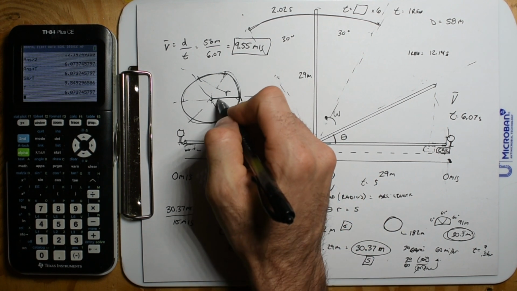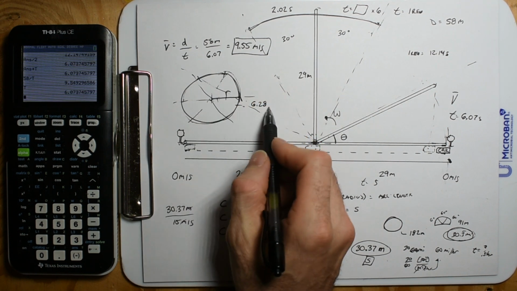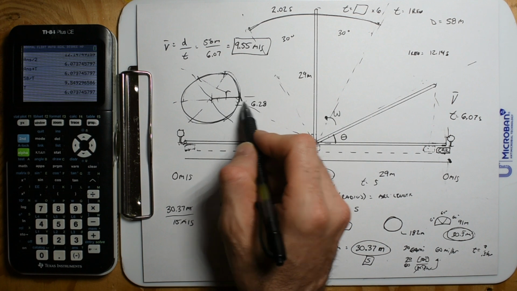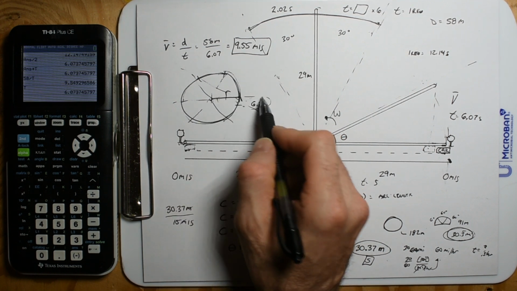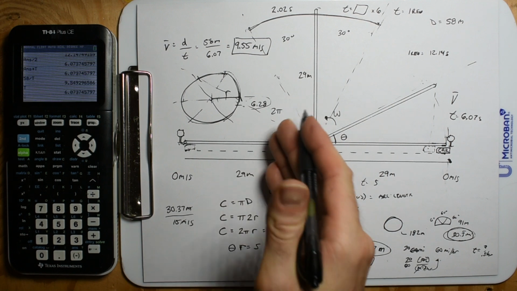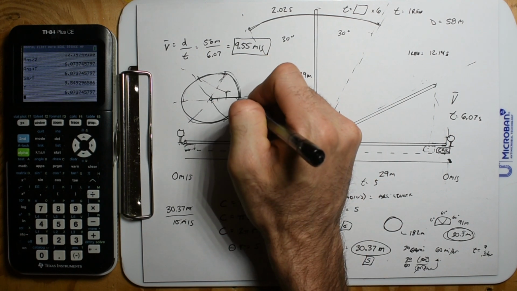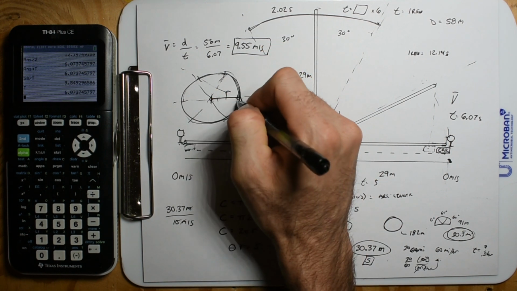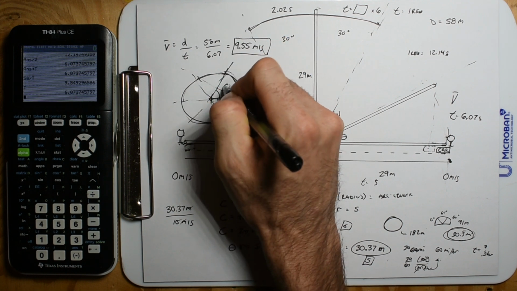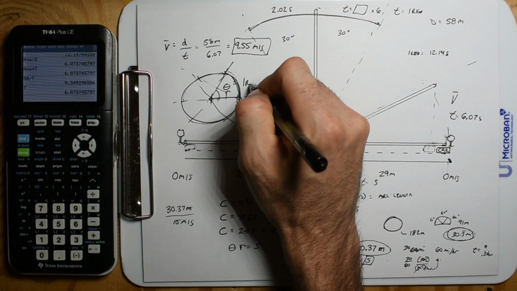You need a quarter of one of these radiuses. So you'd have 1, 2, 3, 4, 5, 6, and then a quarter of one more. So you get 6.28. That's 2 pi. And that's the definition of a radian. When you drape that first radius up here, that angle is going to be 1 radian.